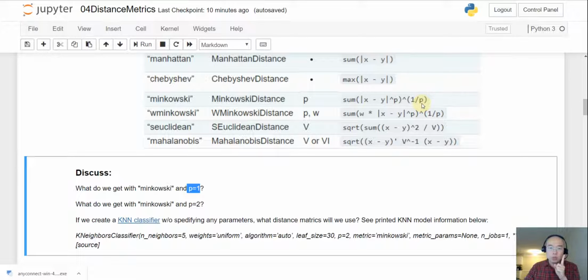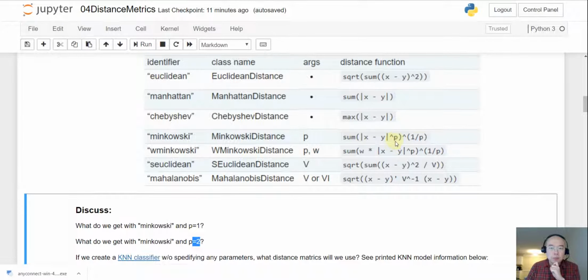That is really the Manhattan distance. And if we do Minkowski with the p-value as 2, so this p will be 2 and this p will be 2, what is that? That is the Euclidean distance, right? So we can say the Manhattan distance and the Euclidean distance are the degree 1 Minkowski distance and the degree 2 Minkowski distance.